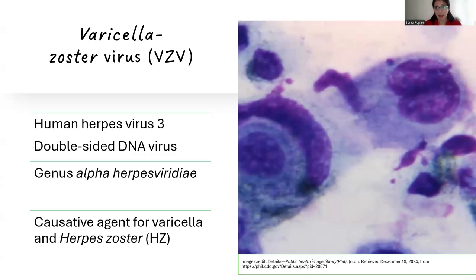Is it HSV1, HSV2? However, we know it is the alpha herpes viridae. Now, this varicella zoster virus is neurotropic, which means it has the ability to infect the nervous system and cause disease. Okay, so we'll be talking about the varicella zoster virus.